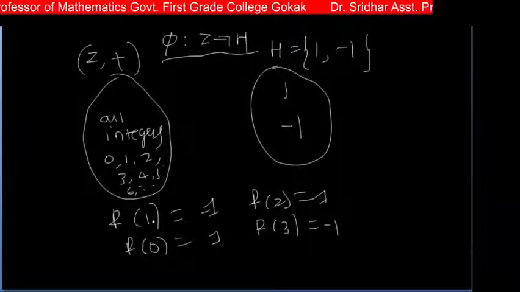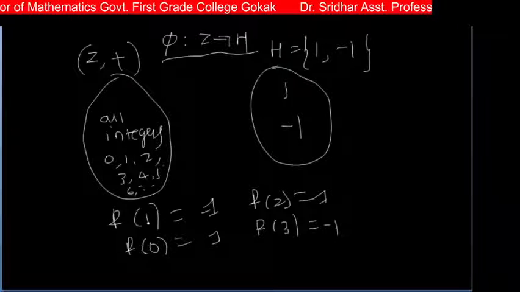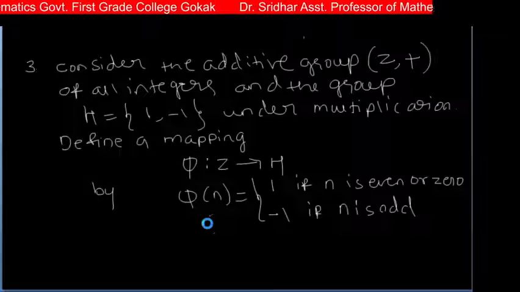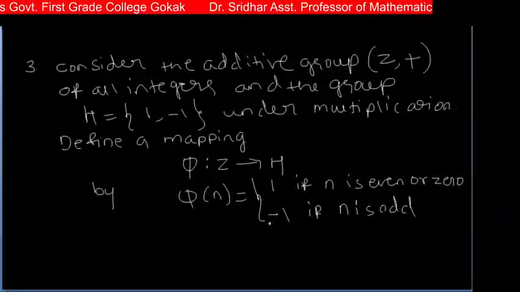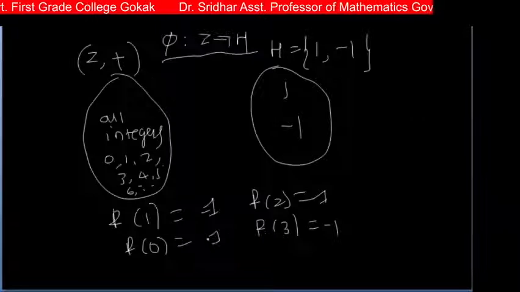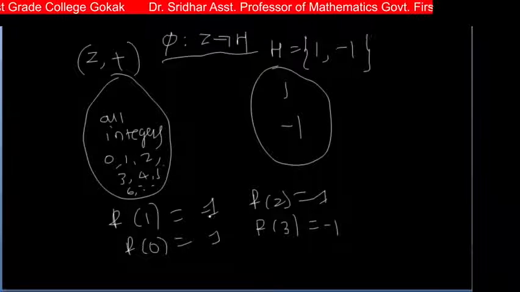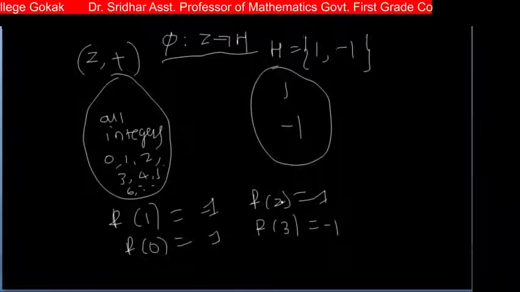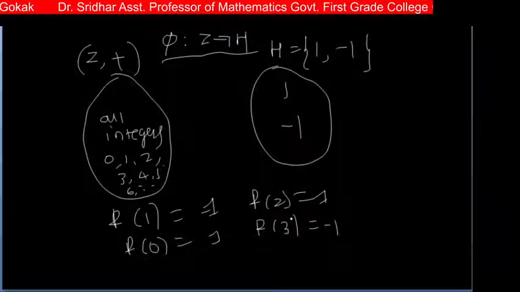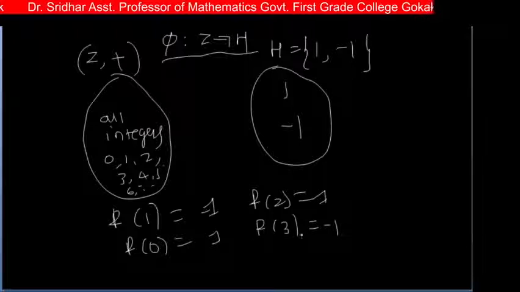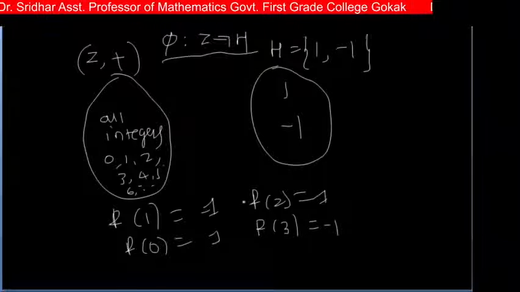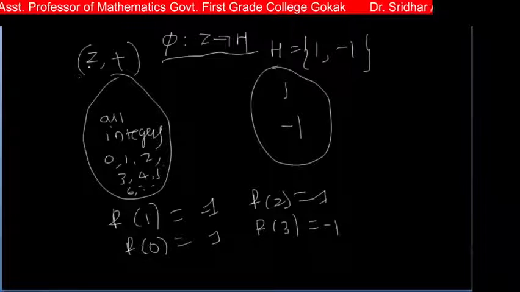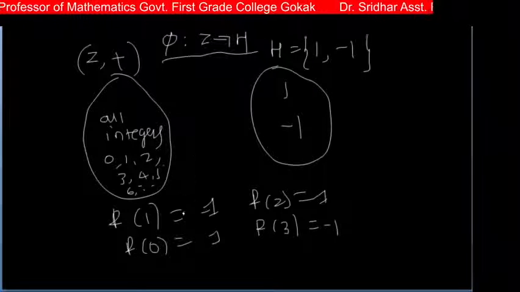Since 1 is odd, by the rule, if n is odd, then we assign minus 1. So phi of 1 is minus 1. Next take the element 2. Since 2 is even, phi of 2 is plus 1. Next take the element 3. Since 3 is odd, phi of 3 is minus 1. Like that we define a mapping from Z to H by the given rule.